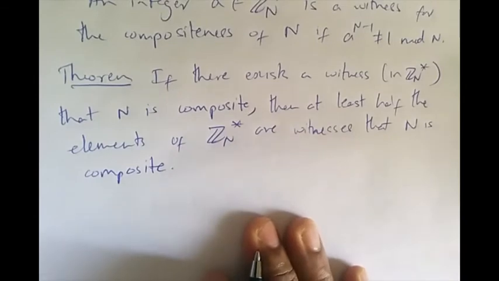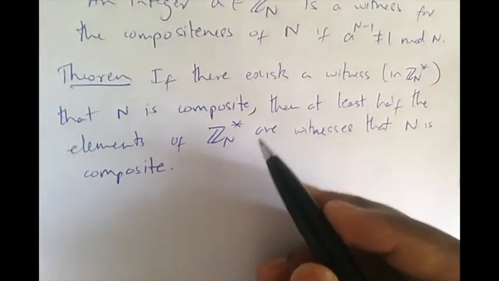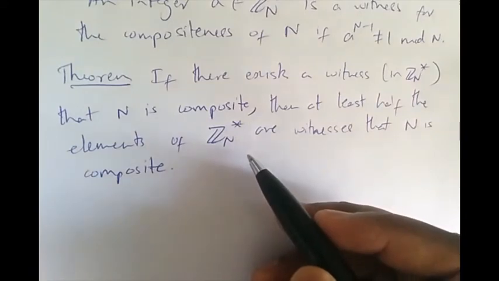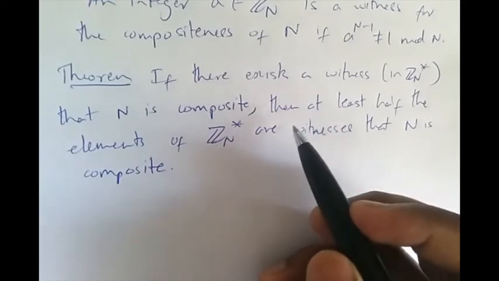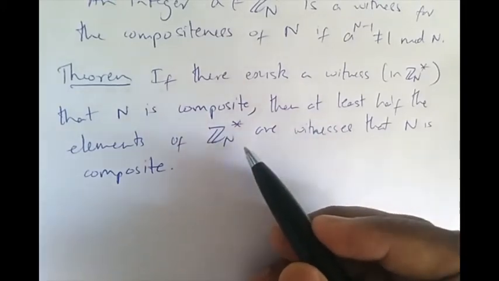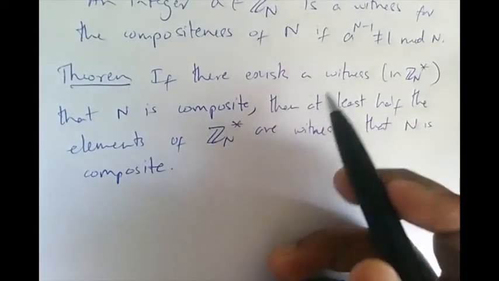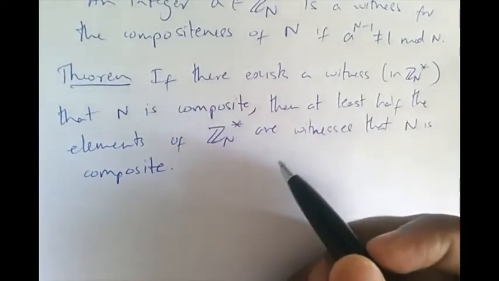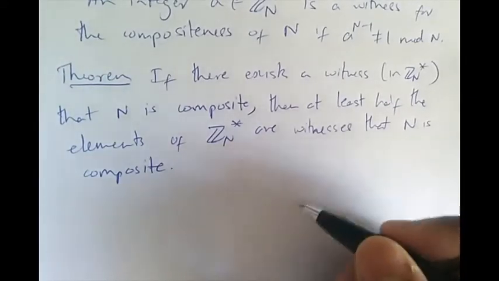We proved this using Lagrange's theorem, and we showed a subgroup which contains all the elements which are not witnesses, and we argued that if there exists a witness, then that subgroup is a proper subgroup of Zn star, so it will be bounded by half the size of Zn star because of Lagrange's theorem. So we did this proof in the last lecture, and I want to repeat that.